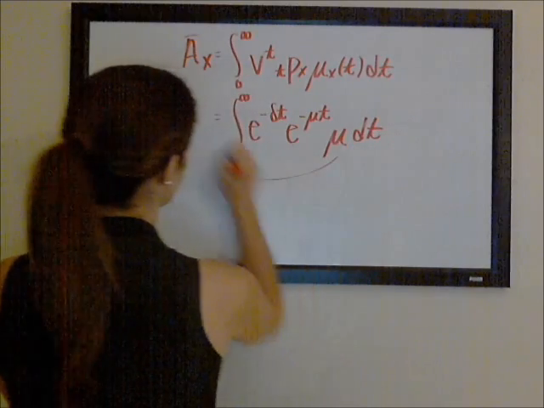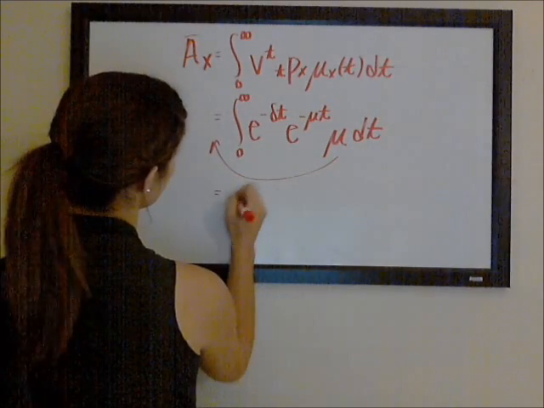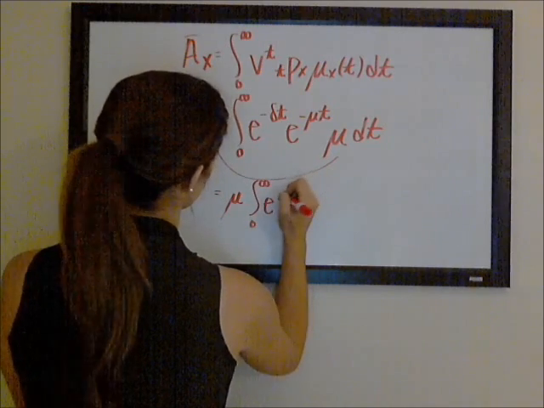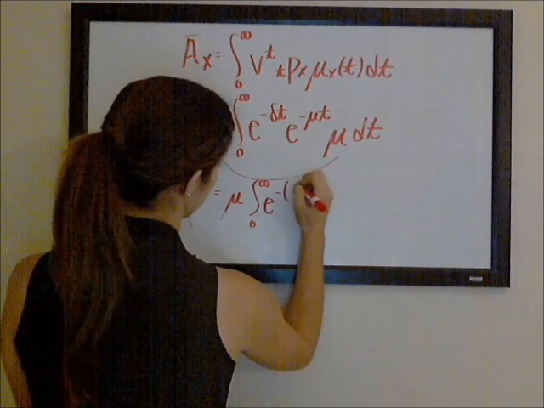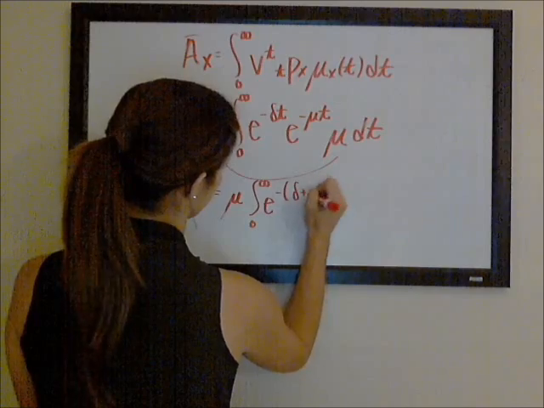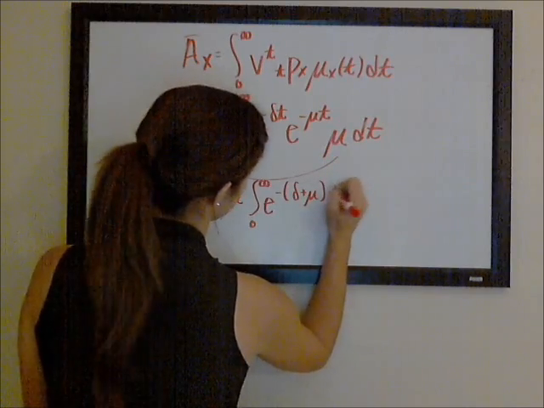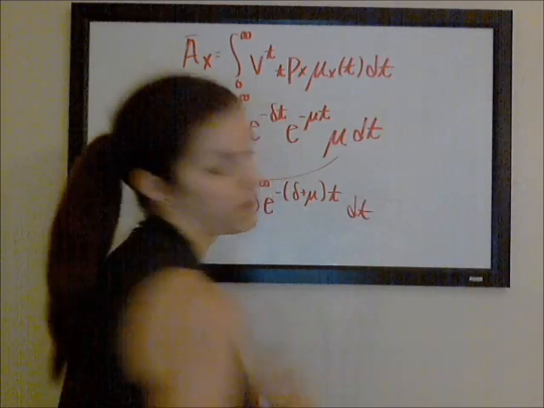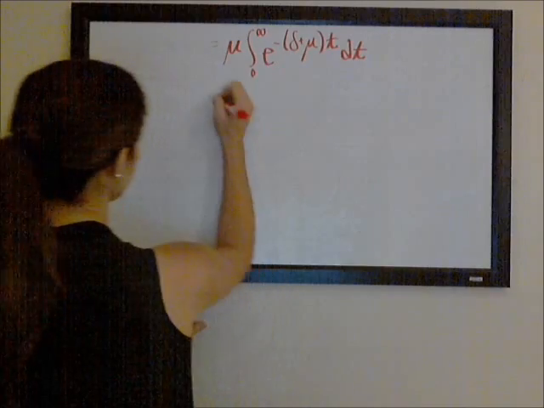I'm going to pull out our constant mu, this becomes the integral of e to the negative quantity mu plus delta t, integrated with respect to t.